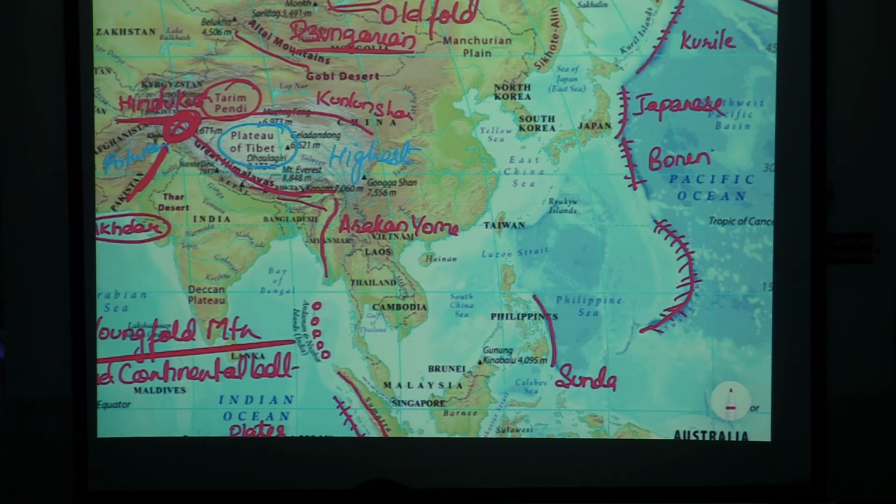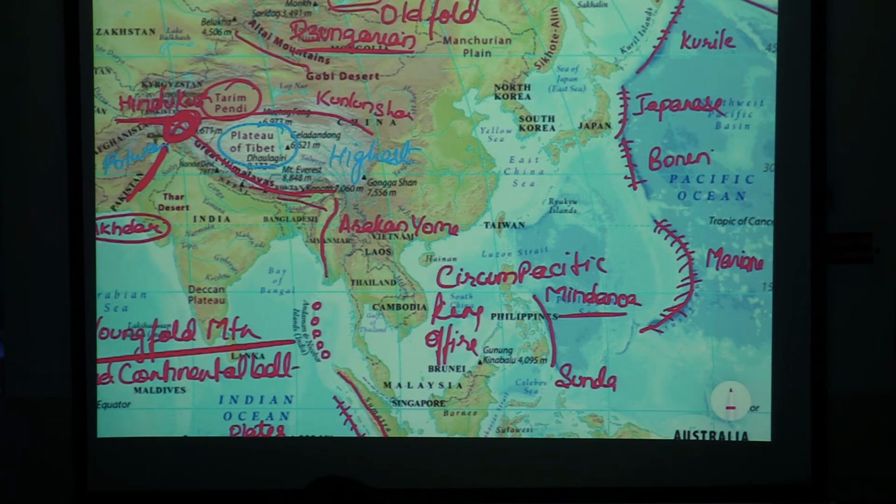This is the deepest trench of the world, Mariana Trench. And this is Mindanao Trench. All these make examples of, we are aware of it, Circum-Pacific Ring of Fire. They all are at active boundary.